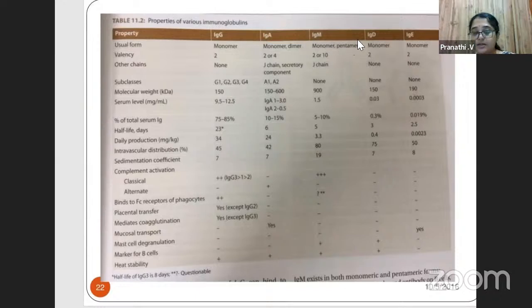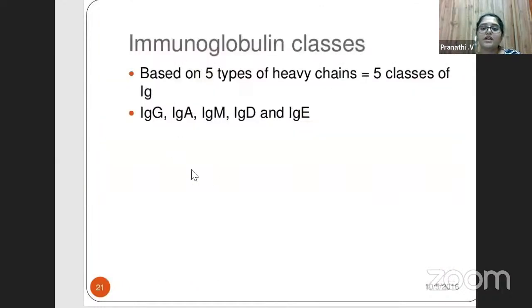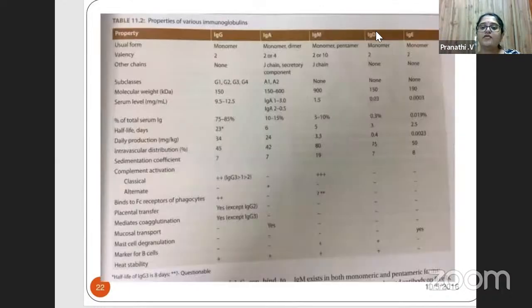IgM is a pentamer, or it can also exist as a monomer. A dimer of IgA has two immunoglobulins attached together, and a pentamer has five IgM together forming a pentameric structure. IgD and IgE are monomers.